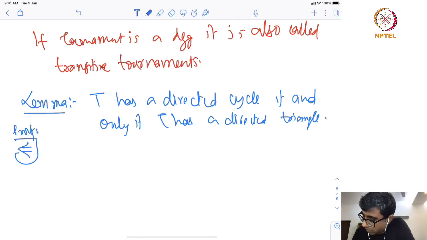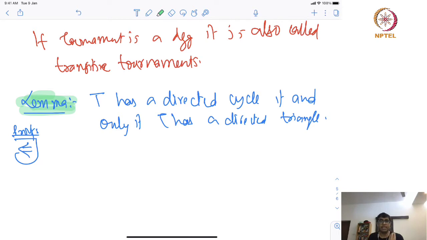Proof. This is a key lemma. What it tells us is that if you wish to hit all directed cycles in a tournament, it is sufficient to hit all directed triangles. Why is this statement true? Let's prove it.